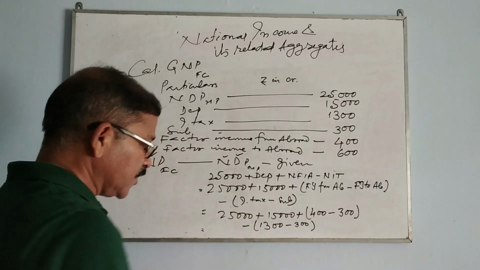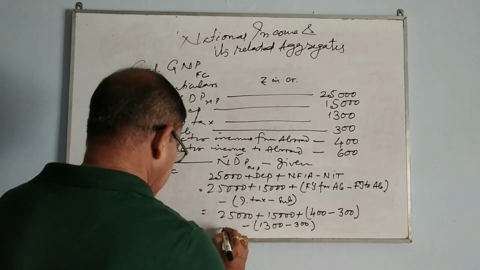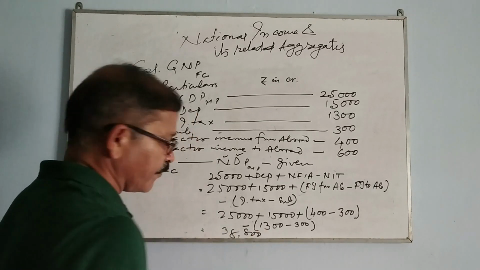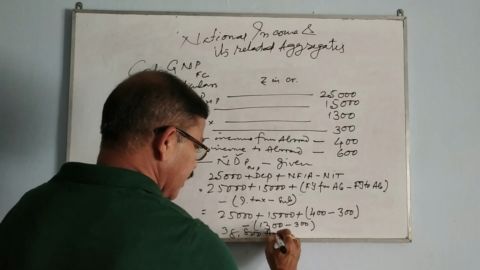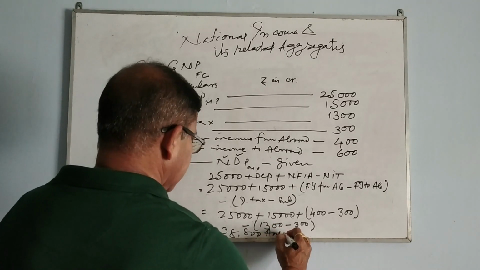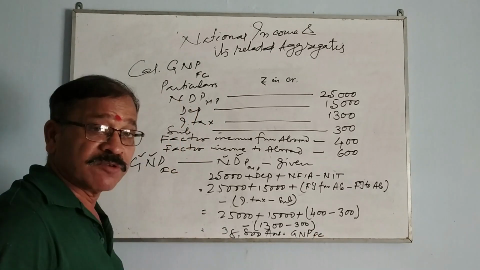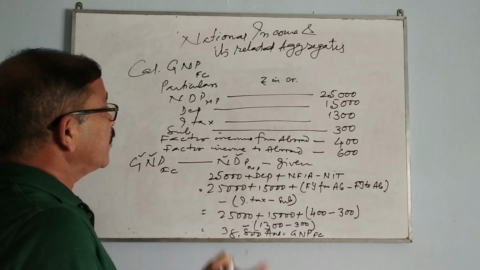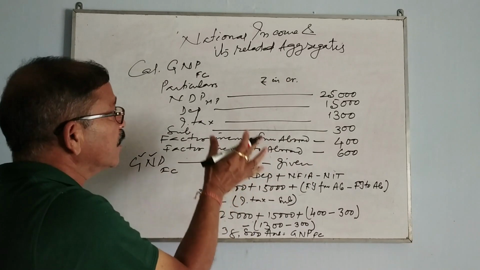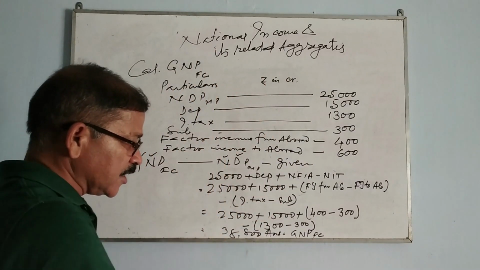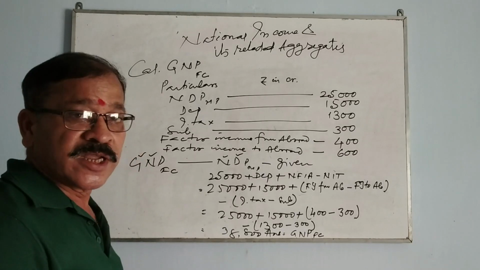So if you do this, then you will get 38,800. This is the answer, and this is called GNPFC. This is how you have converted NDPMP with all these particulars to GNPFC. So your GNPFC is 38,800.